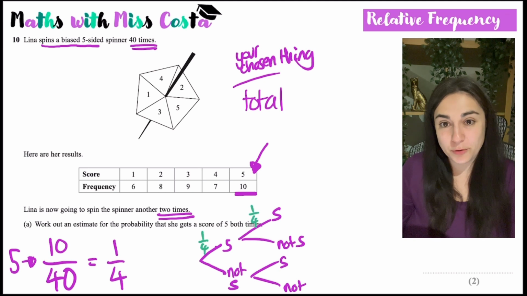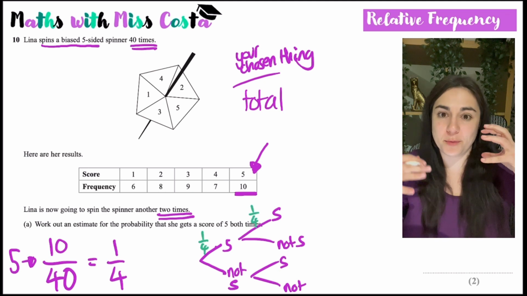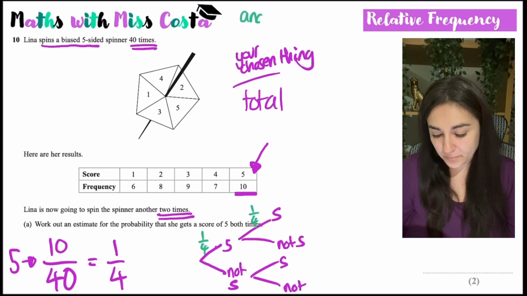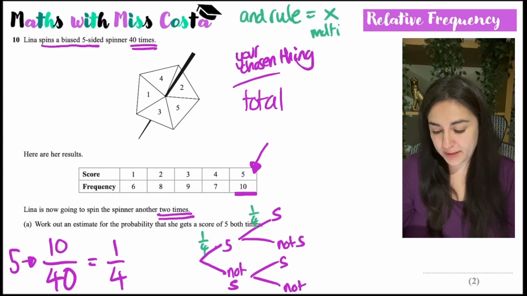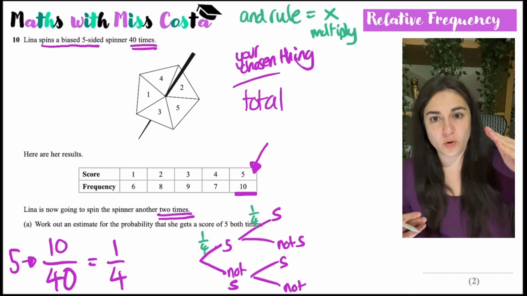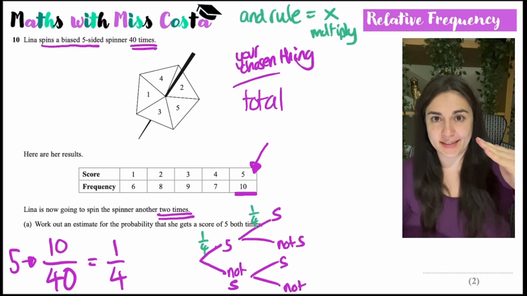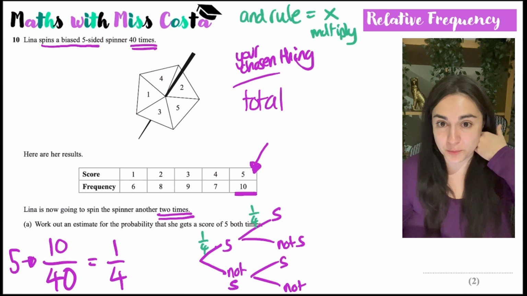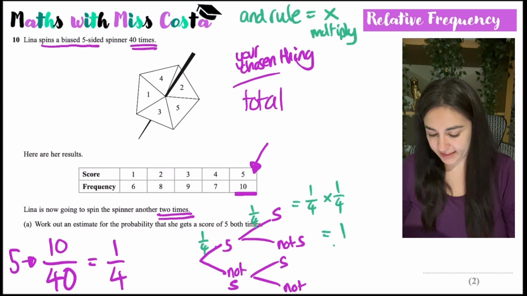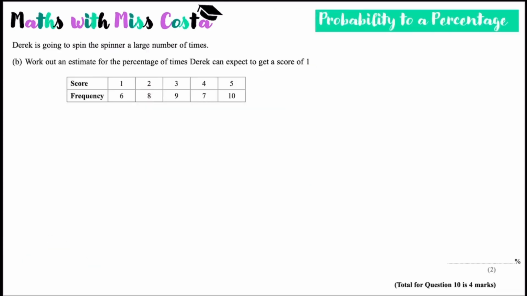And when you're dealing with probability, if you have the probability of this and that happening, it's the and rule, okay? So you multiply the probabilities together. And that's why when you have a probability tree, when you're going along a route, so you're imagining this is happening and that is happening, that's why you multiply the probabilities together. So what I'm going to do is a quarter times a quarter, which is 1/16.